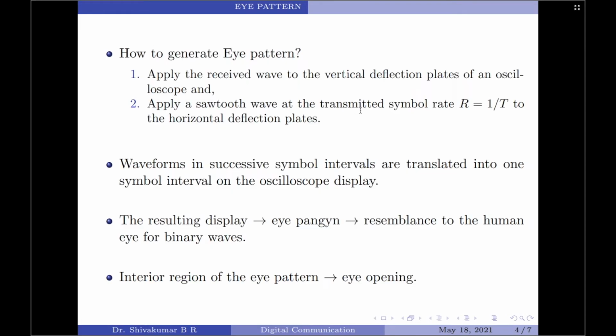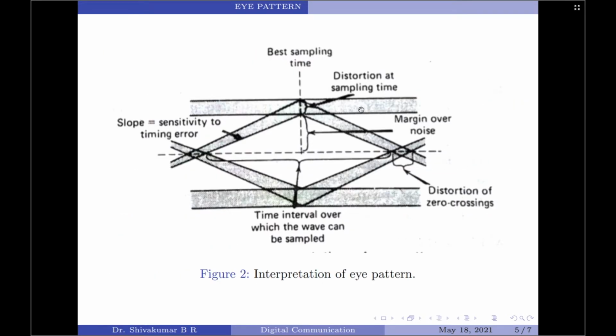We in fact have a better diagram for the eye pattern here, and let us now interpret the eye pattern by studying some of the important properties of it. Note that the interior region of the eye pattern is called an eye opening. Further, the eye pattern provides a great deal of information about the performance of the communication system. Some of the most important things I will be discussing now.